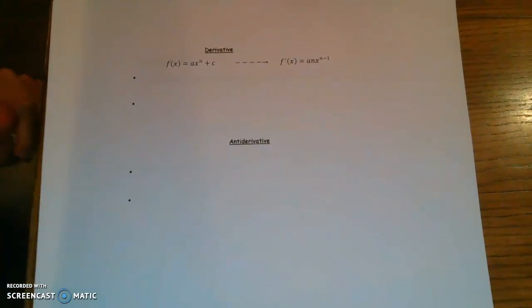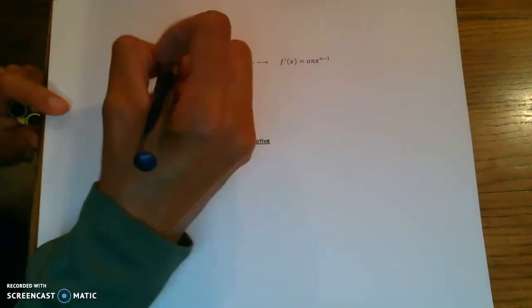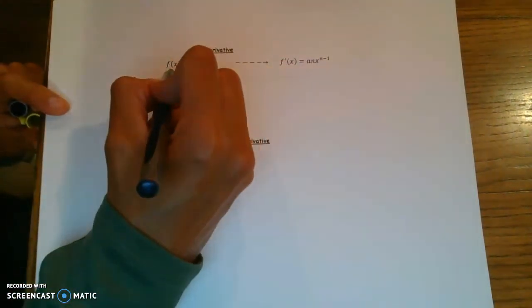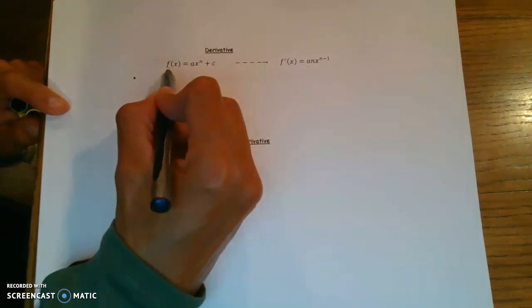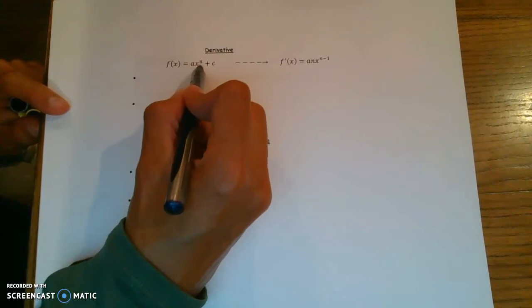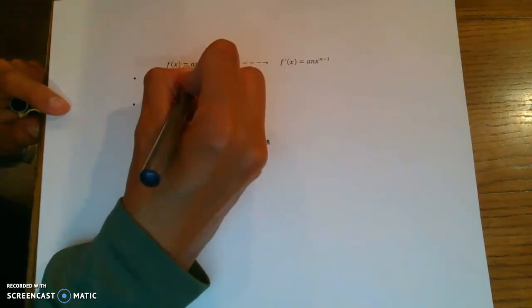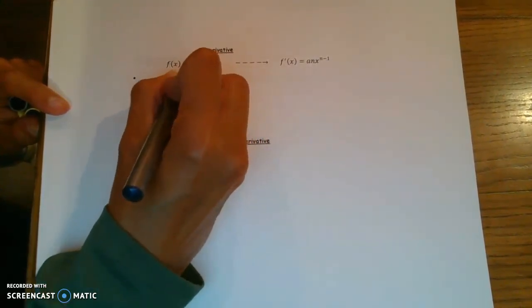Okay, so before I want to talk about taking the antiderivative, I want to talk about taking the derivative. So if I'm here and I have, you know what the process is for us to take the derivative. f of x is equal to a x to the n plus c. You know when I take the derivative that n comes in front.